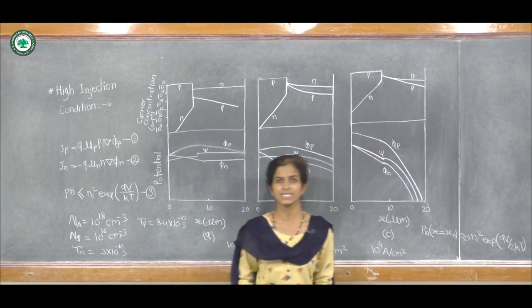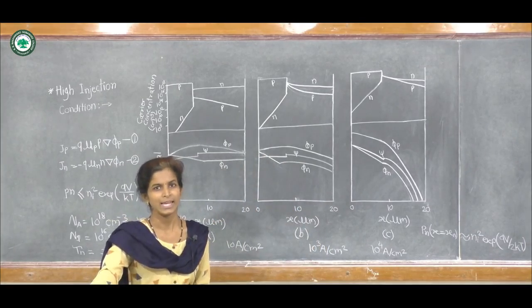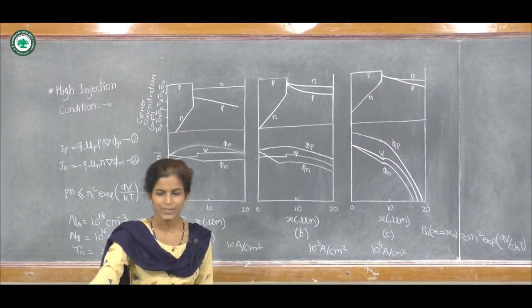The current densities then become roughly proportional to the exponential of qV by twice kT.